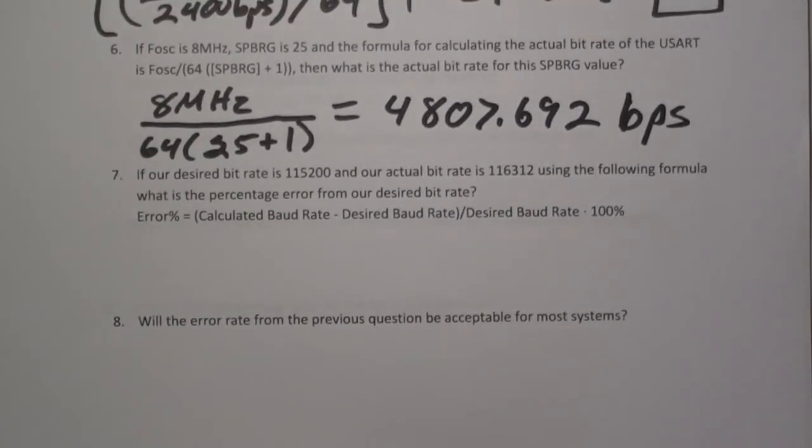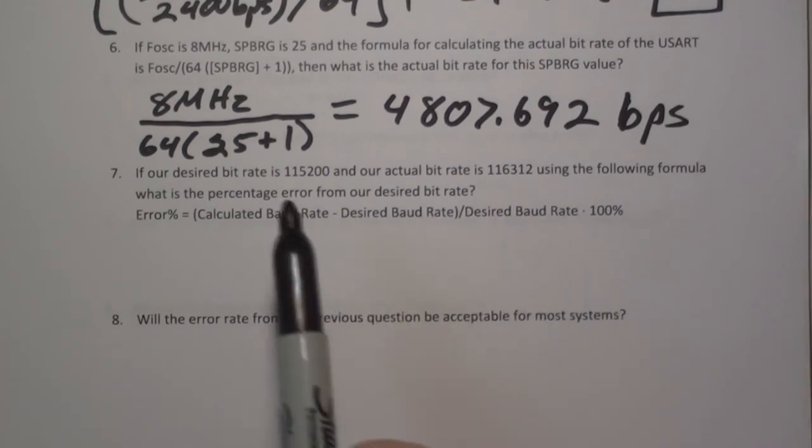If our desired bit rate is 115,200 and our actual bit rate is 116,312, using the following formula, what is the percentage error from our desired bit rate? The percentage error is the calculated baud rate minus the desired baud rate.